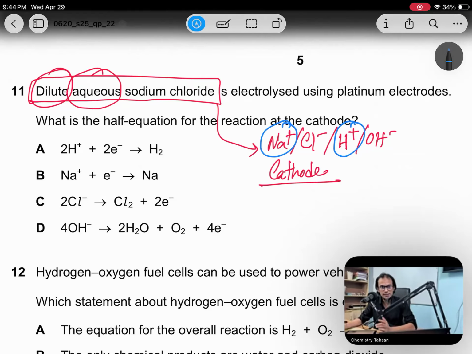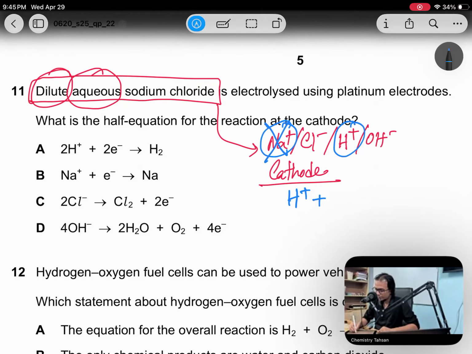Instead, hydrogen ion will go. That is basically the principle that you need to remember. So again, if the metal ion is above hydrogen in the reactivity series, that metal ion will never go to cathode. So sodium ion will never go. So who will go? It is hydrogen ion.